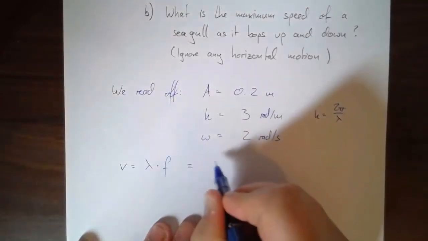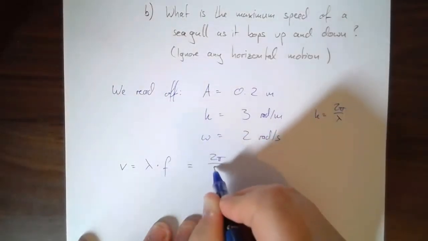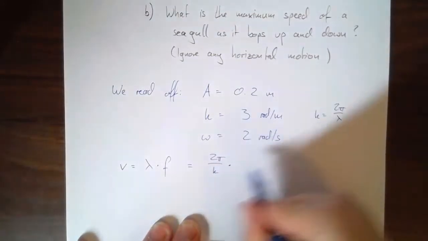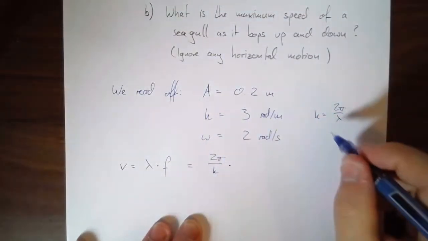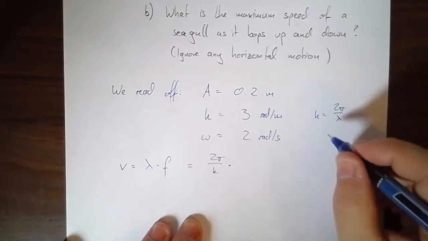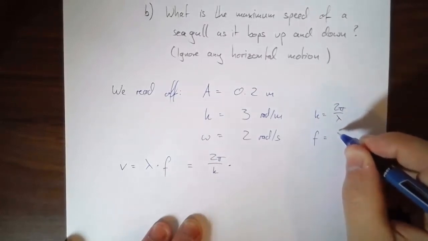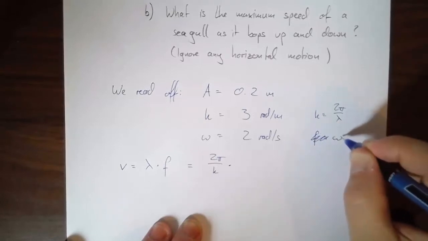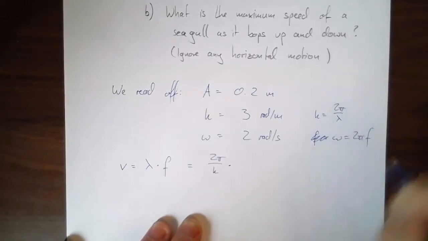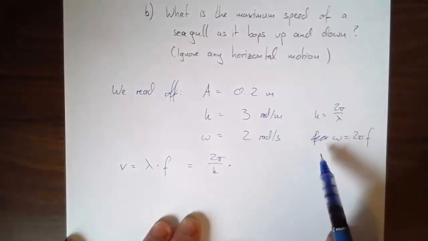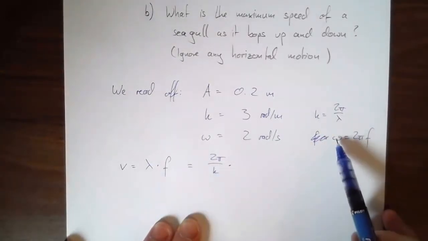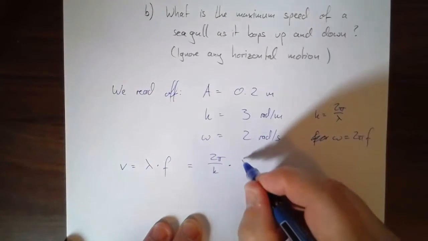You can write it like this, times f. Well, I don't know f, I know omega. But what I do know is that omega is 2 pi f, right? And so, hence f is omega over 2 pi.